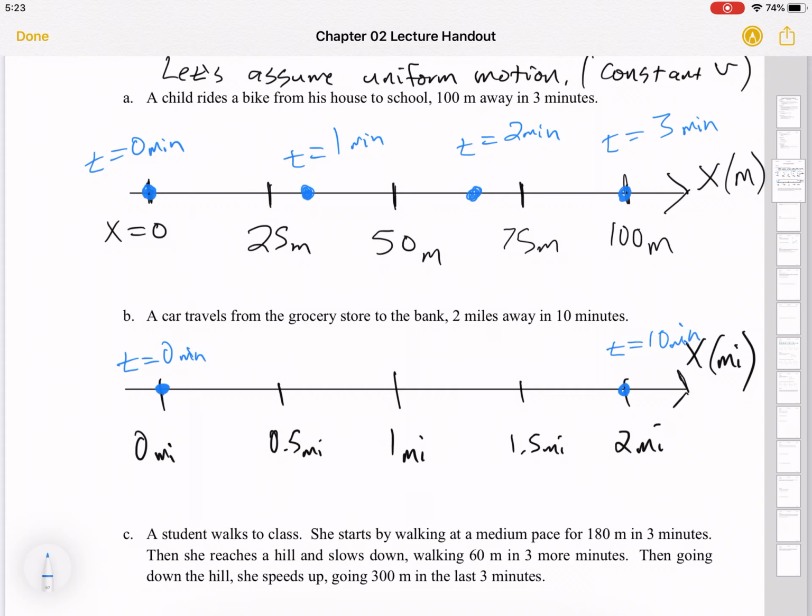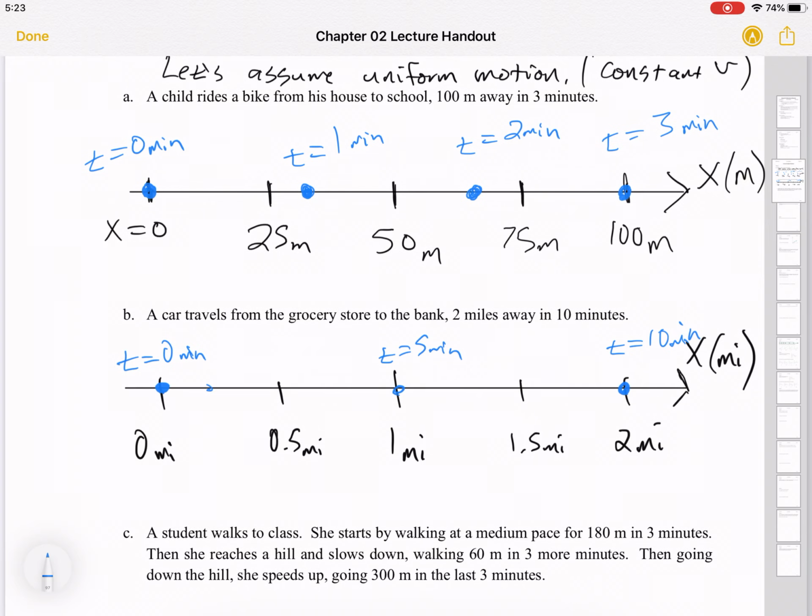Now if I mark every minute, then halfway is 5. From 0 to 5, we're not going to hit the half mile on an even minute, right? It's going to be 2.5 minutes. So I'm going to do like this and this. So 1, 2, 3, 4, 5 minutes, 6, 7, 8, 9.